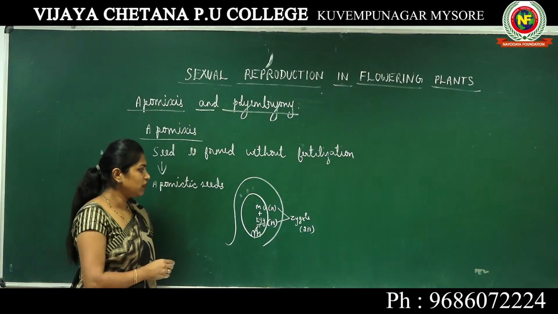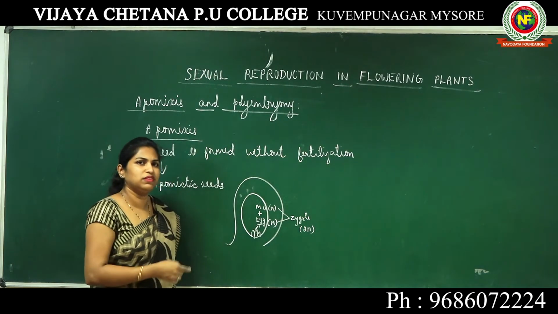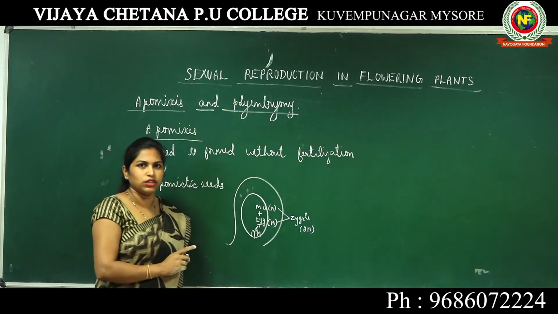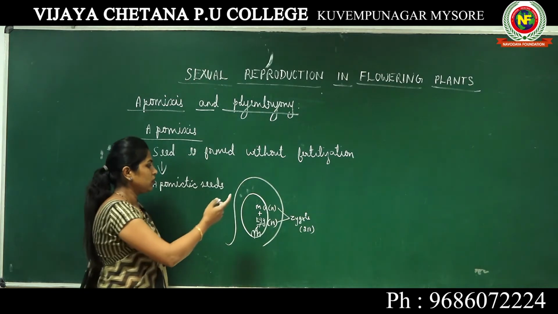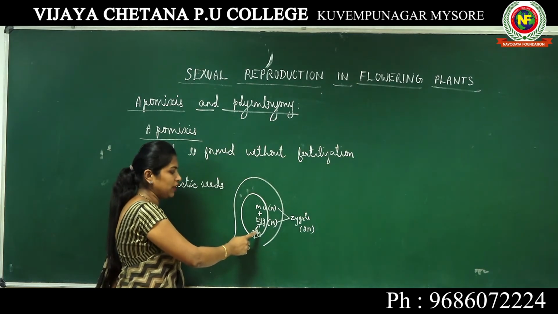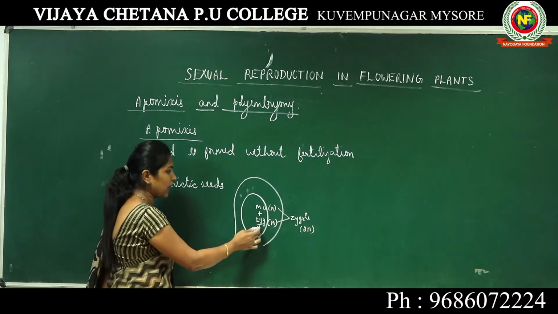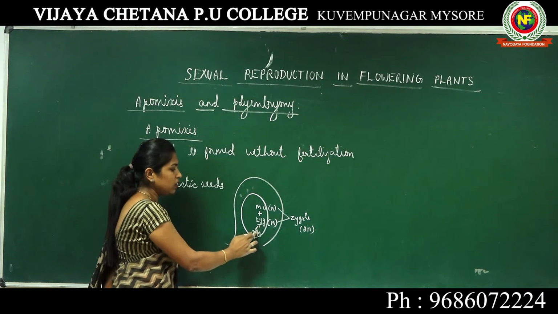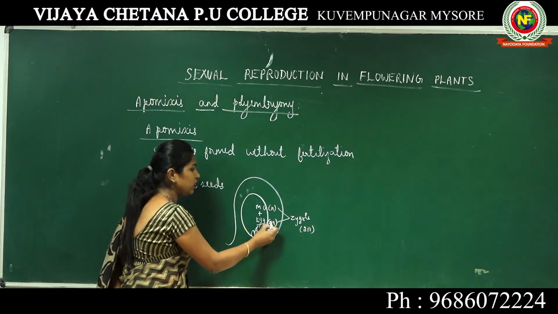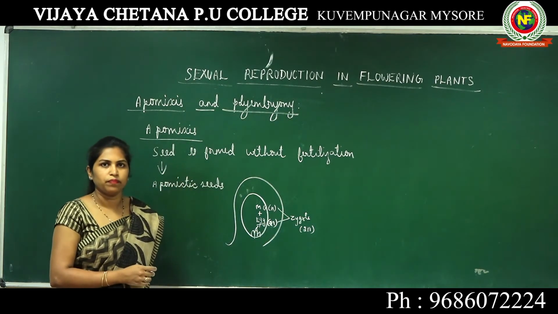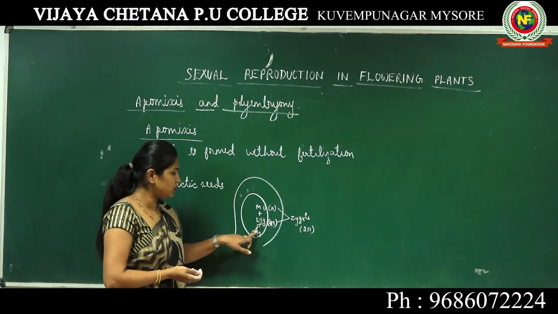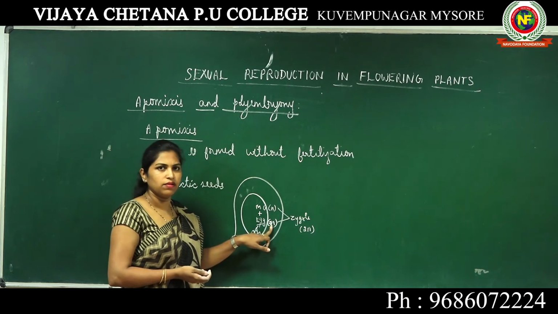However, imagine there was some mistake in the meiotic division happening during the formation of these female gametes, and the female gamete, instead of becoming a haploid cell, has remained as a diploid cell.